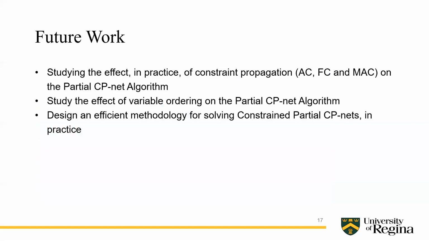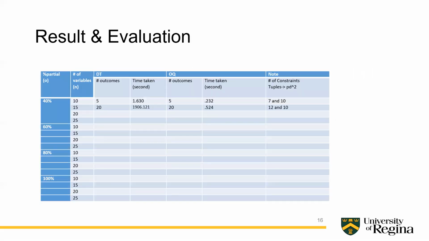In future work, we plan to work on arc consistency, forward checking, and maintaining arc consistency. We will introduce these in our algorithm to check whether they can increase the efficiency in terms of runtime, because if we see the results, it takes around 1906 seconds to generate data with around 15 variables.